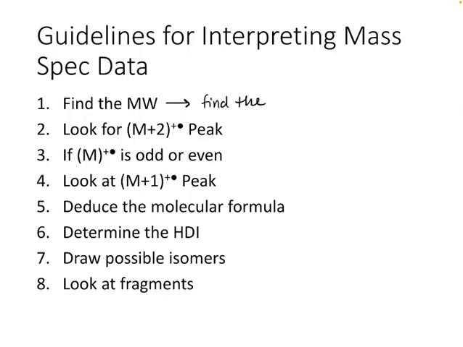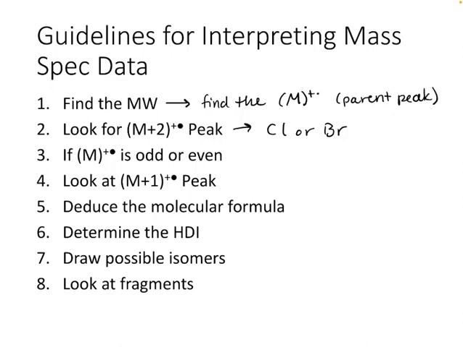So find the parent peak, and remember, that's in the rightmost cluster, and it'll be the tallest peak in the rightmost cluster. Then you're going to look for the M+2 peak. If you do see an M+2 peak, that means you have chlorine or bromine in your molecule. If you do not see the M+2 peak, then you can rule out chlorine and bromine.